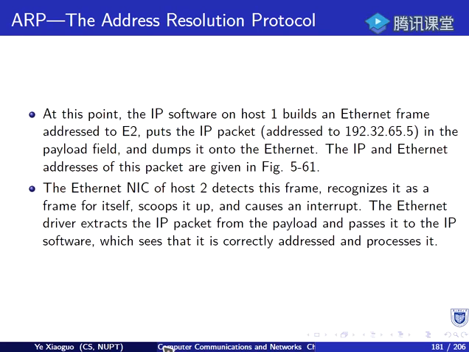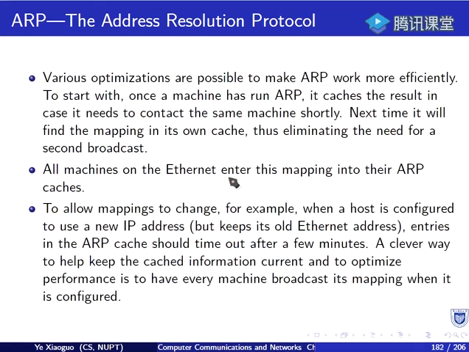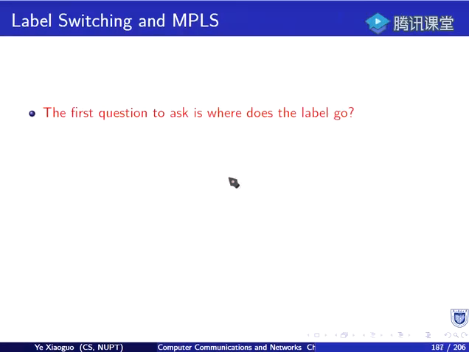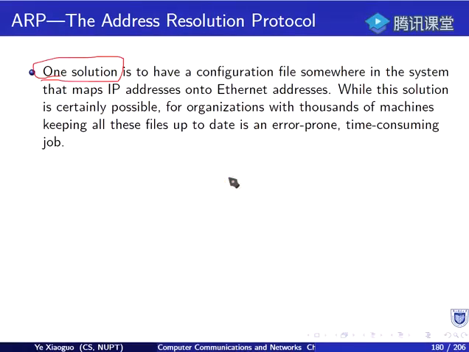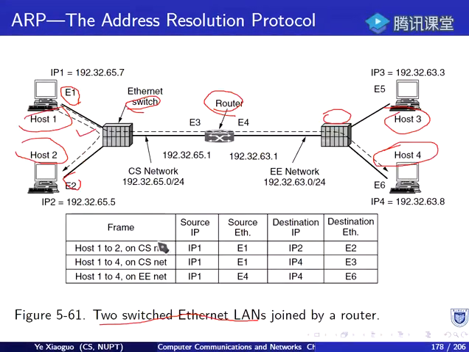At this point, the IP software on host 1 builds an Ethernet frame addressed to E2, puts the IP packet in the payload field, and dumps it onto the Ethernet. The IP and Ethernet addresses of this packet are given in this table.